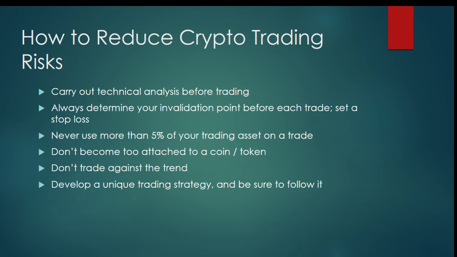Get out of the trade. So if you don't determine beforehand your invalidation point, then you will not be able to set a stop loss. And if you don't set a stop loss, then you're very likely to be liquidated when the trade goes against you, especially if you're trading futures.